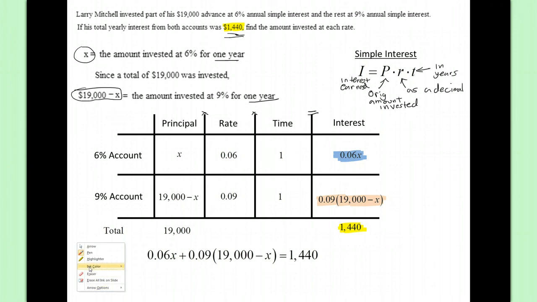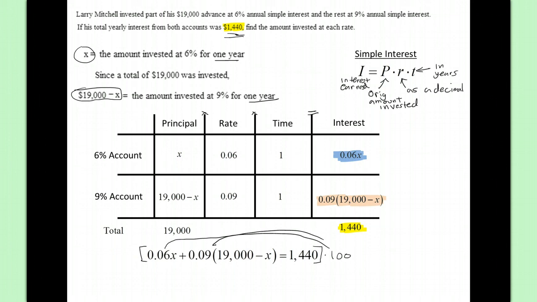Now, to make everything easier and not have to deal with decimals, my recommendation is to multiply everything by 100. So 100 times 0.06x, 100 times 0.09 times that quantity.